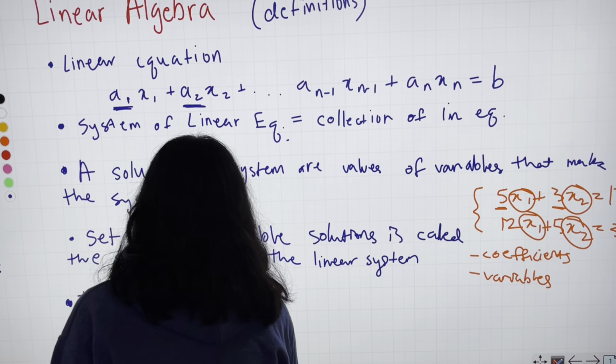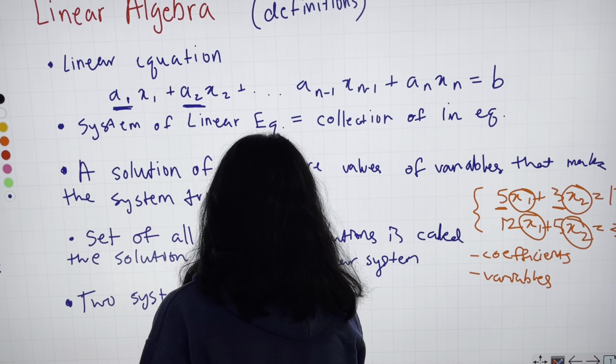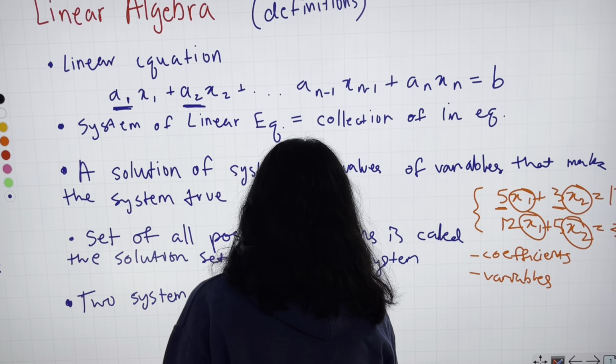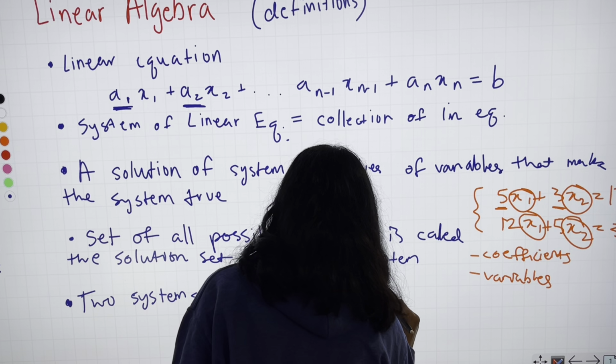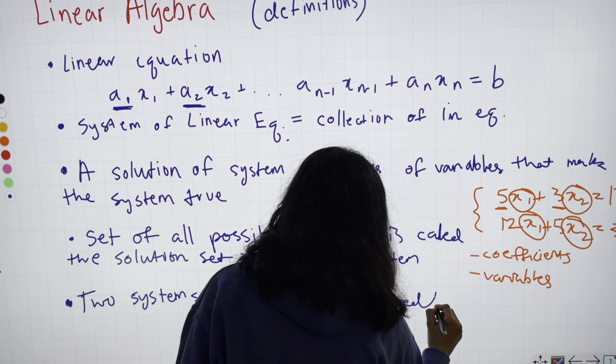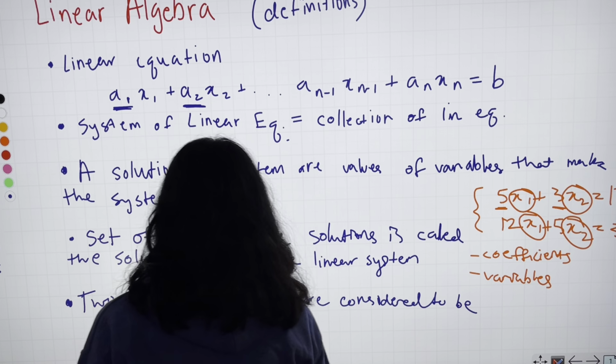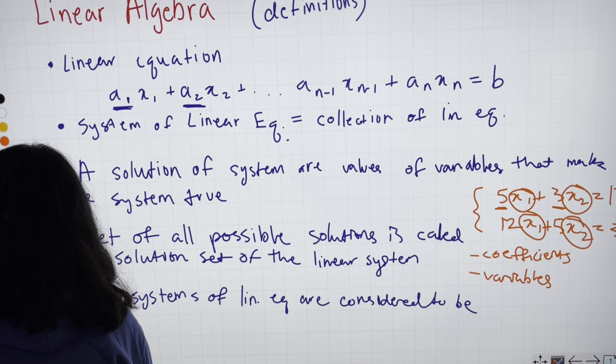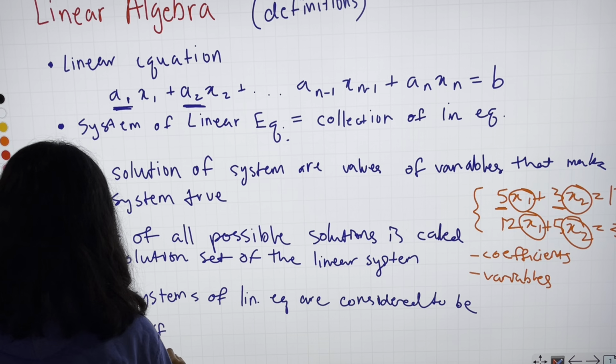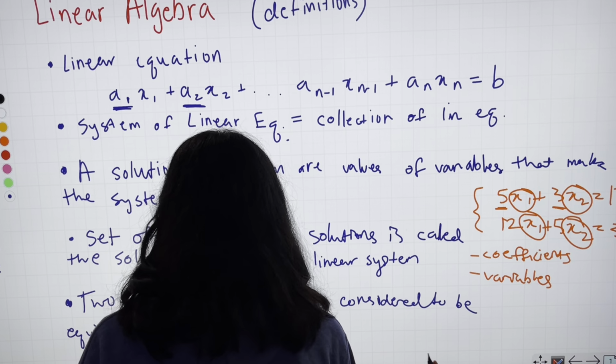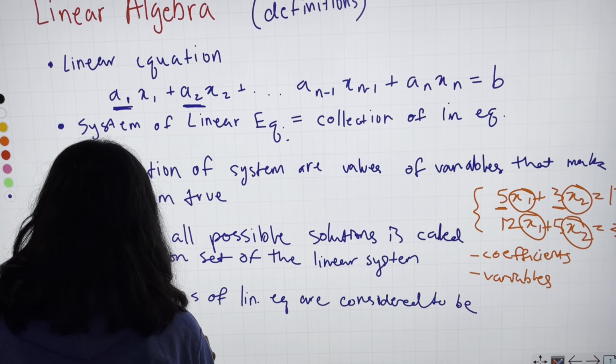Two systems of linear equations are considered to be equivalent if they have the same solution set.